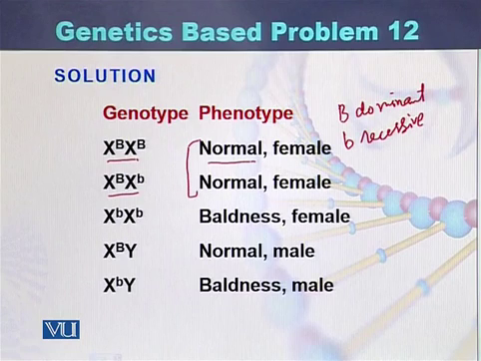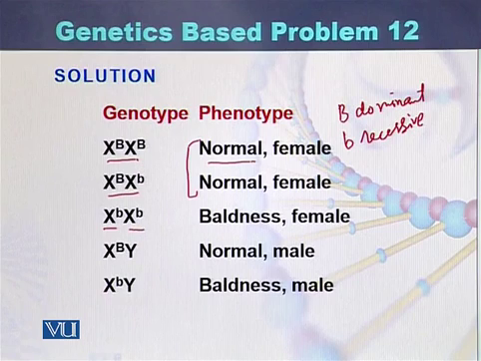While if she has a recessive allele on one X chromosome and a recessive allele on the other X chromosome, then she would have baldness.